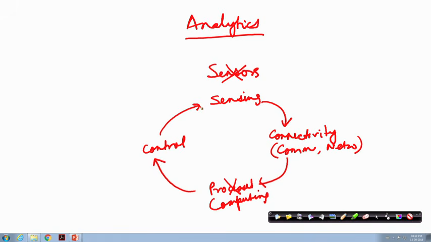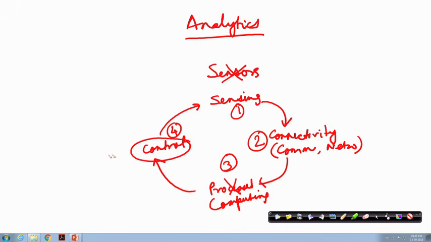So, this is more or less kind of a loop that continuously gets executed in a real industrial setting. So, basically it goes on like this, that it starts with sensing, connectivity, processing or computing, and here we have the control.